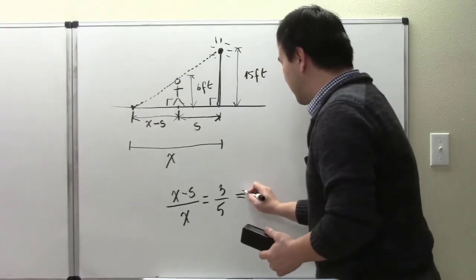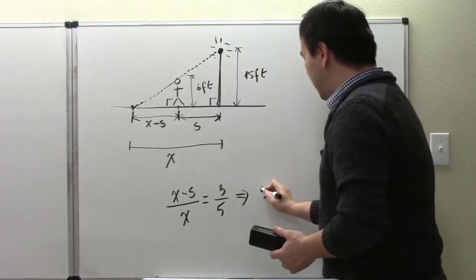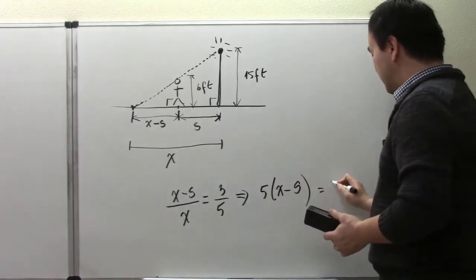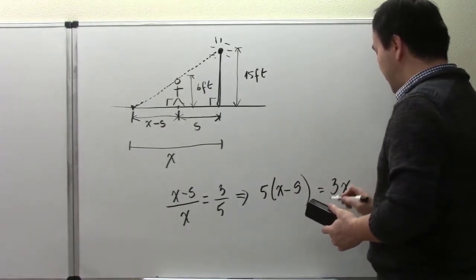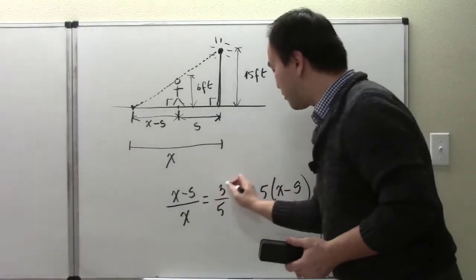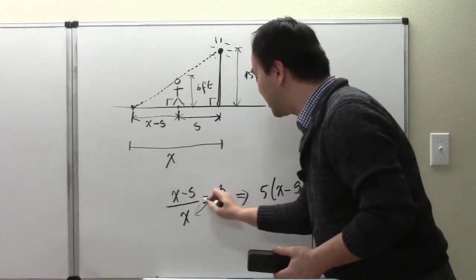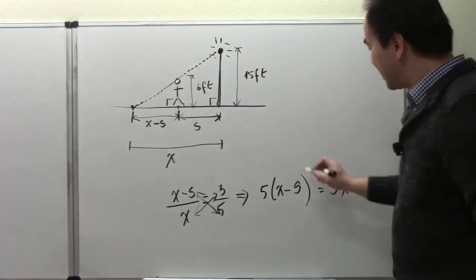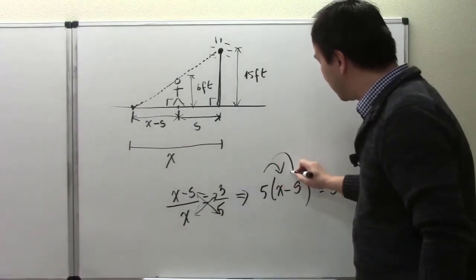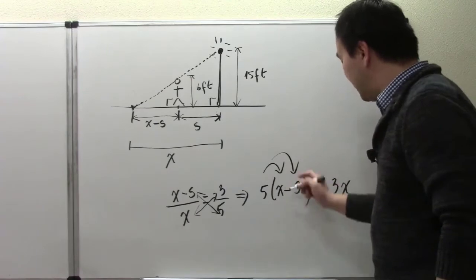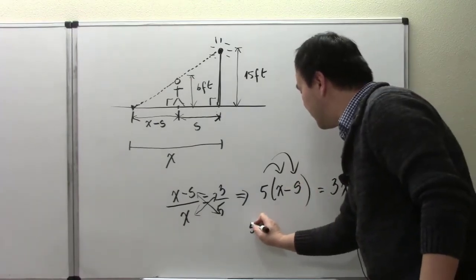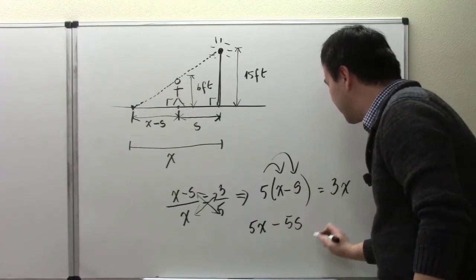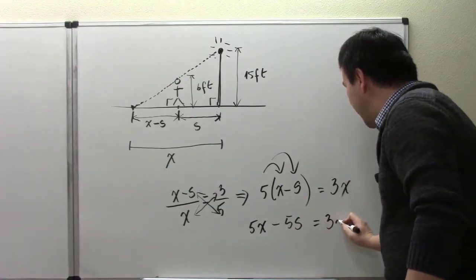So we can turn our equation into 5 times (x minus s) equals 3x. I just did a cross multiplication, as everybody already knew. Now I can multiply that 5 to each term on my left-hand side, so I'm looking at 5x minus 5s equals 3x.